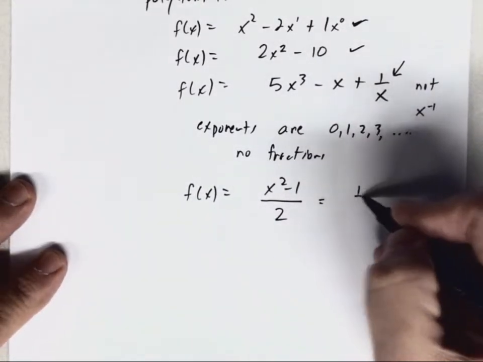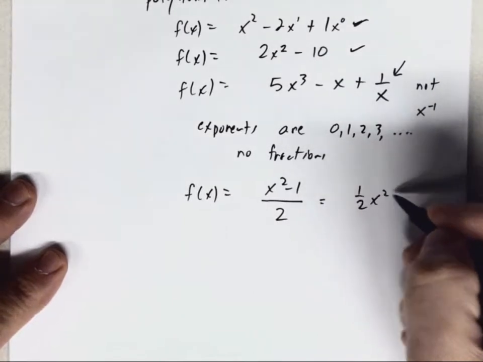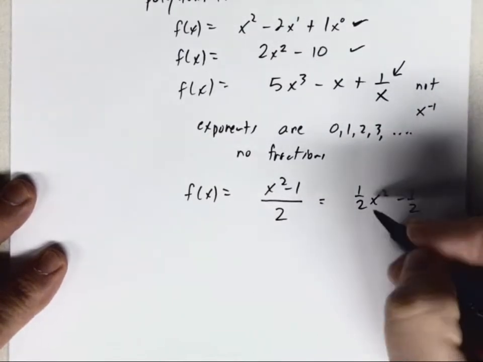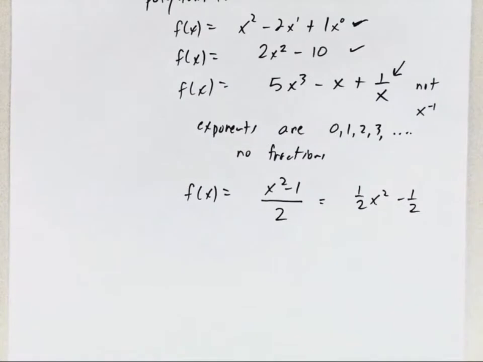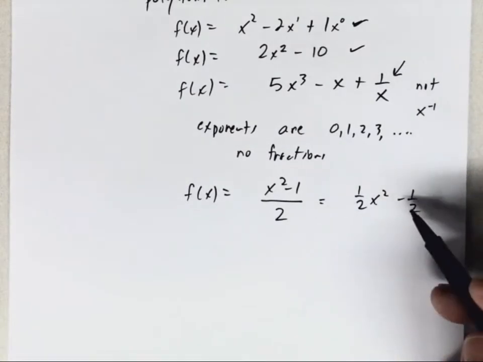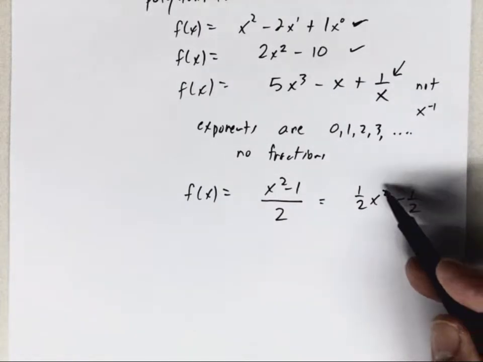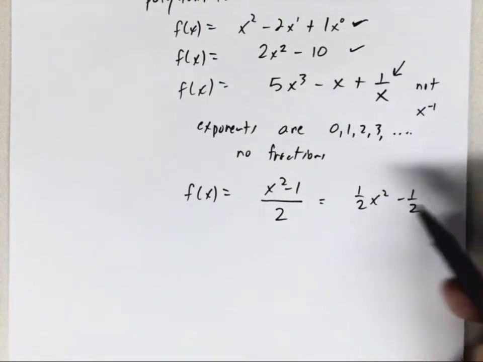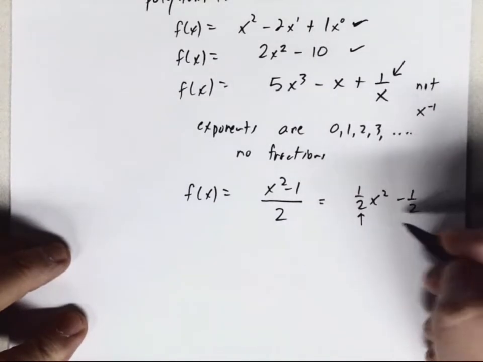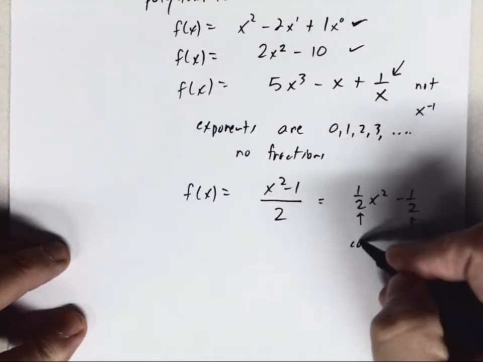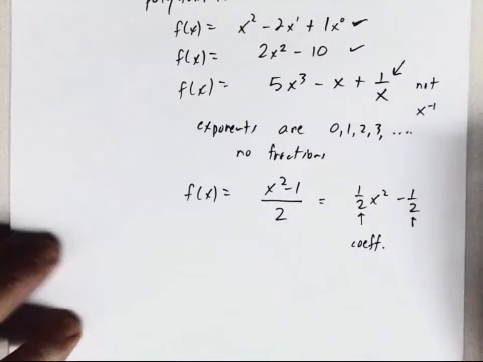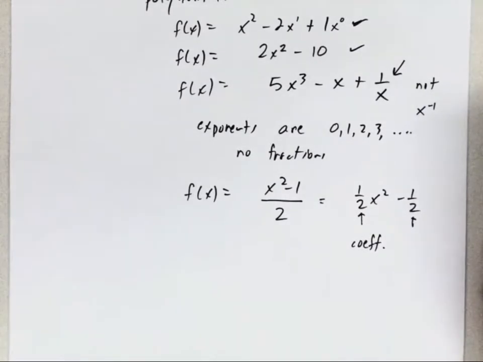We could split this up into two separate fractions, and this in fact is a polynomial. The key to determine if it's a polynomial is looking at the variable. The numbers in front of these terms are called coefficients. You've maybe heard that before.